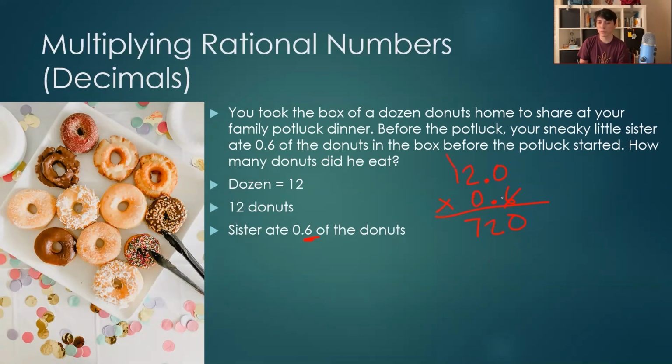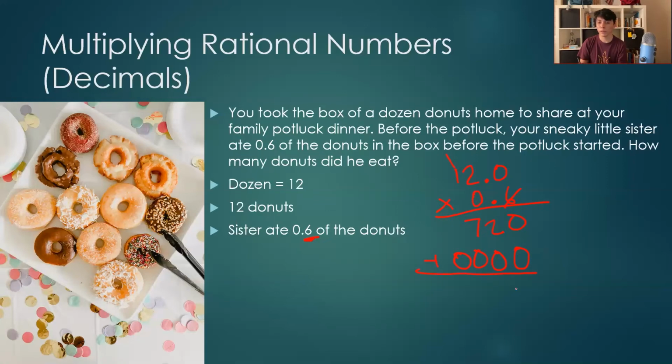We have to place a 0 in the spot that we're not in anymore. We're dealing with the ones now. So there you go, that's in the tenths. Okay, so 0 times 0 is 0. 0 times 2 is 0. 0 times 1 is 0. And now you have nothing else to multiply by.